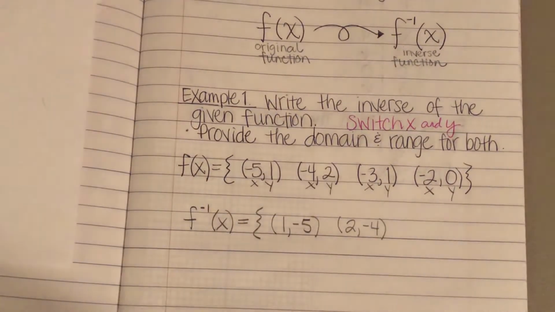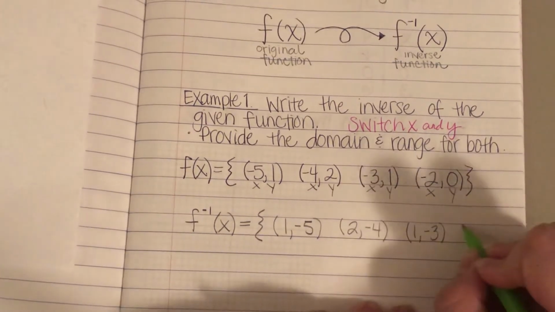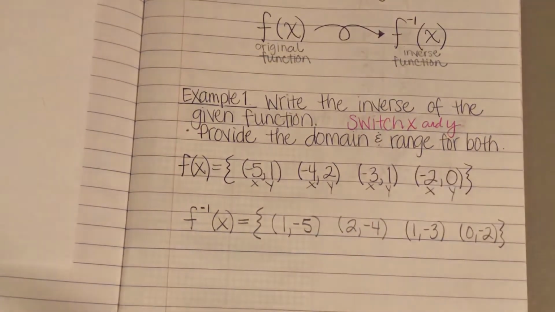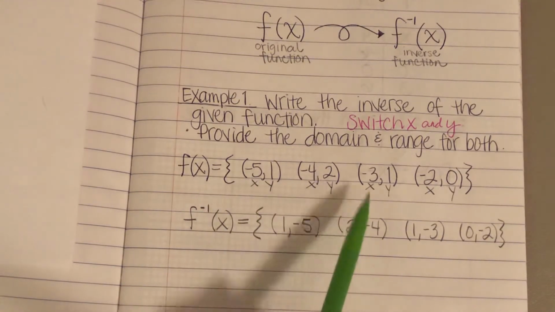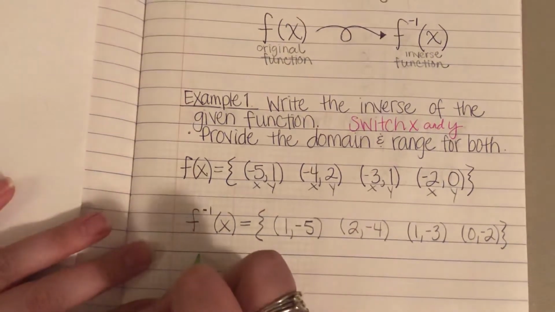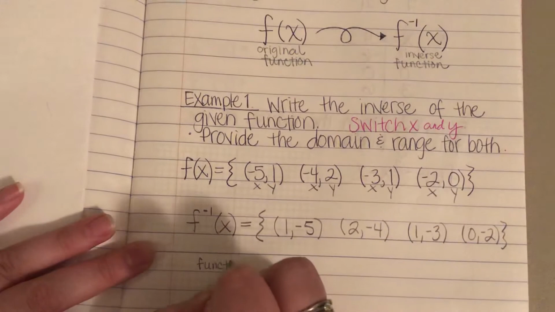Just switch them. This is so easy. I'm done. That's it. You even keep the same order. Notice I kept the same order. They all kind of match. Just moved it over.